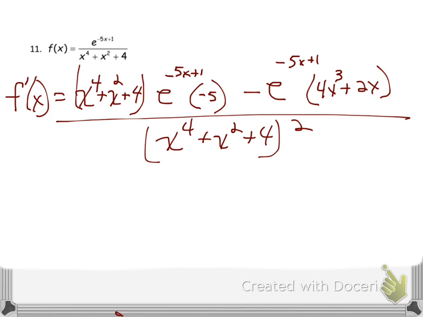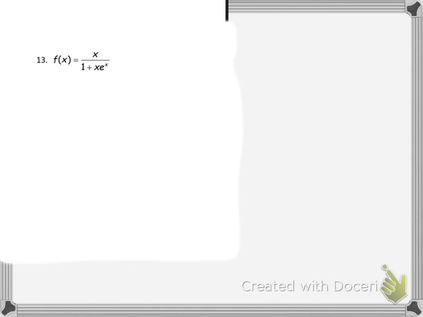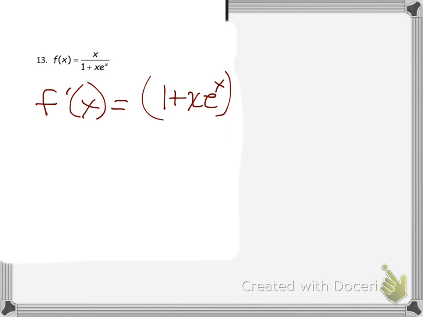So let's do the last problem, number 13. We've done the odds, and you may want to just check in the back of the book and see if you would get the same answer that they're getting when they clean it up. So let's do problem 13 next. Okay, another little quotient rule. So f prime of x equals low, okay, d high, which is just 1, minus high, d low.